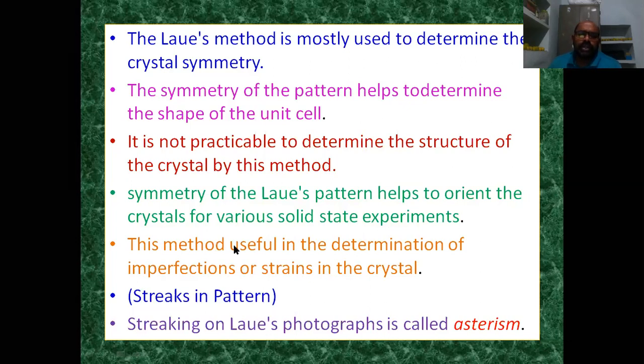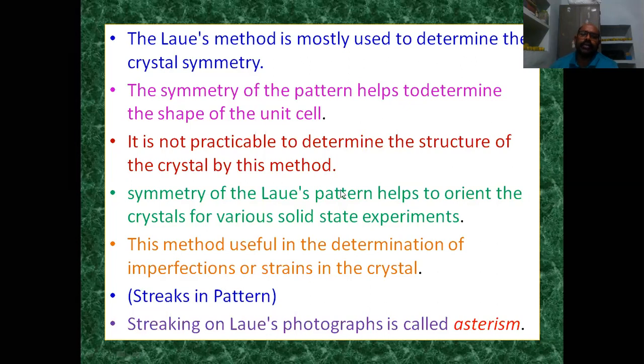This method is also useful in the determination of imperfections or strains in the crystal. Whenever there are imperfections or strains in the crystal, in the Laue pattern the peaks are not bright spots.